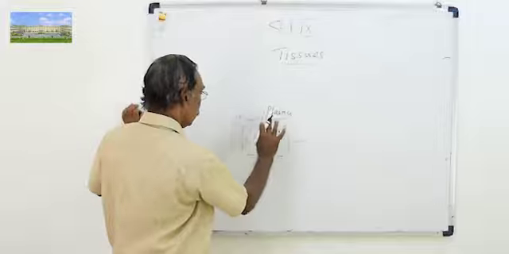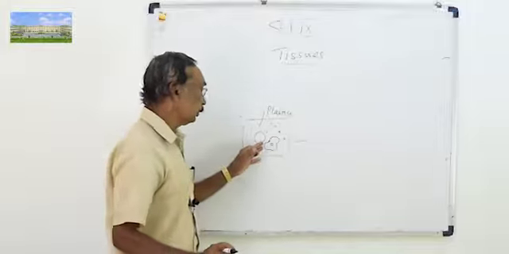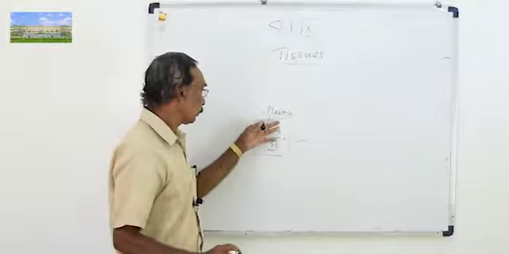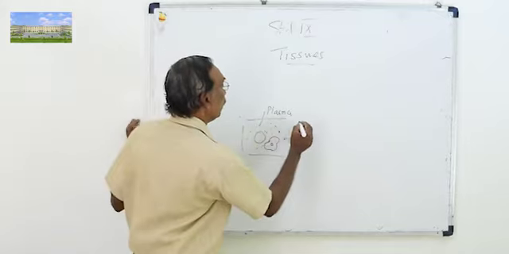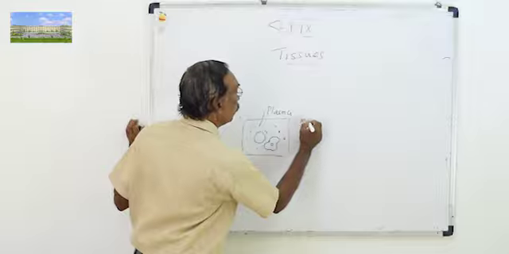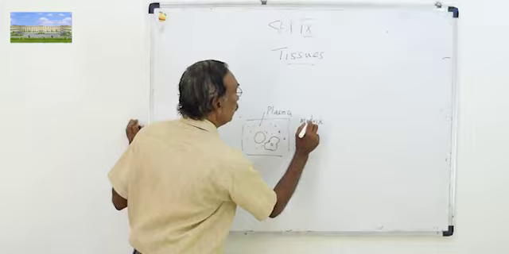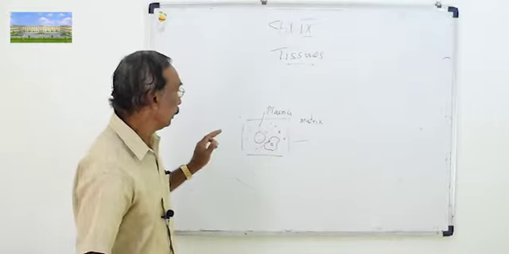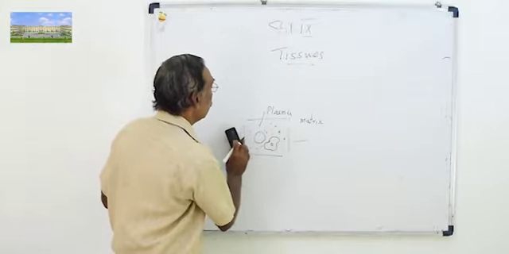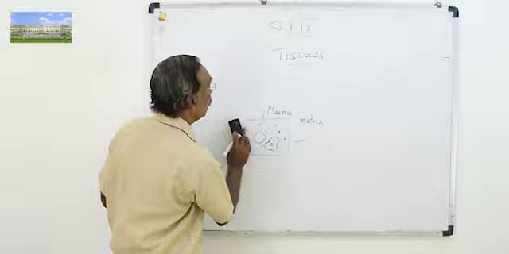The cells are embedded in plasma, and this medium in which the cells are embedded is called the matrix. That is a common name. Matrix means where cells are embedded, or where cells are kept. In blood, you can see the cells are kept in blood plasma.